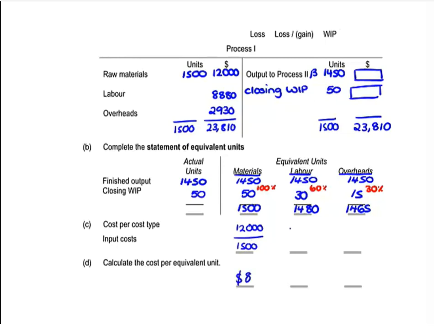For labour, we've got costs of 8,880 divided by 1,480. So that's going to be a cost per equivalent unit of $6. And finally, for overheads, we've got 2,930 divided by 1,465. So that's a cost per equivalent unit of $2. So the total cost per unit is $16 per equivalent unit.